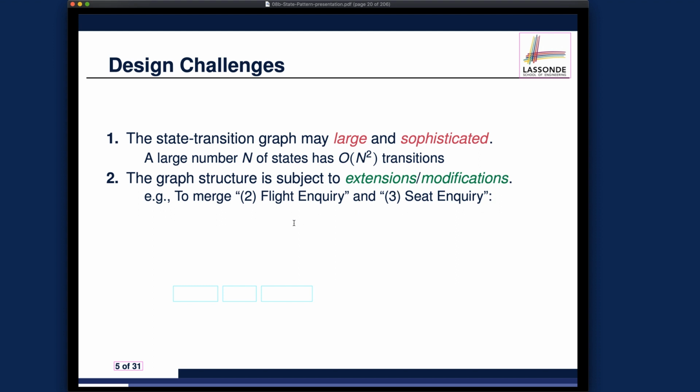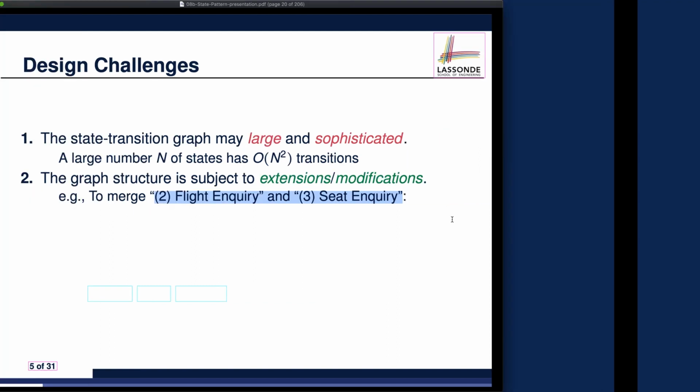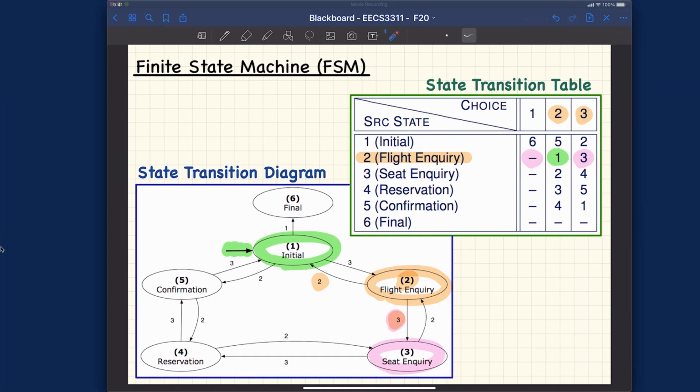Let's say maybe you decide you want to merge these 2 states together, state number 2 and state number 3. Okay, let's see how we can do it, right? Basically, for these 2 states, we no longer want them to be 2 separate states. We want to merge them. So how would you do it? Conceptually, what you really want to do is basically like this. You want to merge these 2 into a single state.